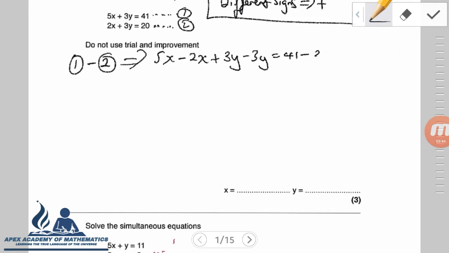So 5x minus 2x gives me 3x, 3y minus 3y gives me 0, and 41 minus 20 gives me 21.